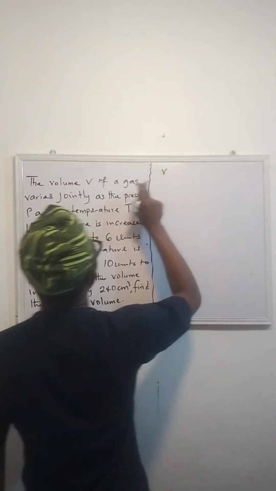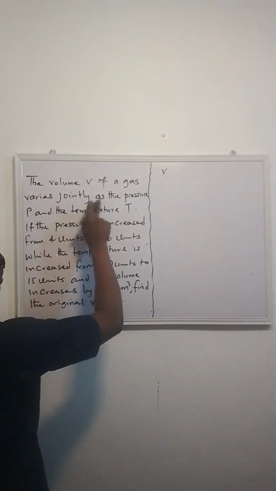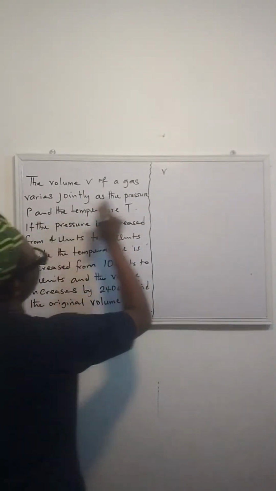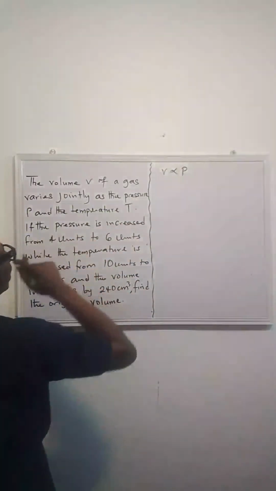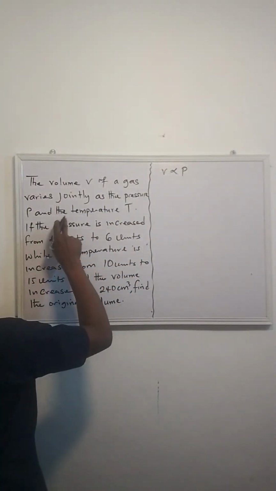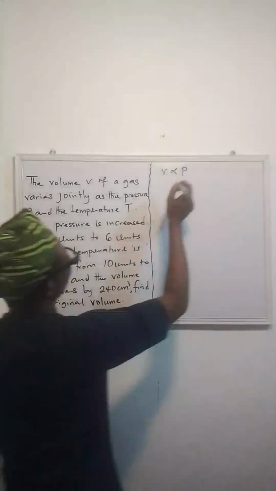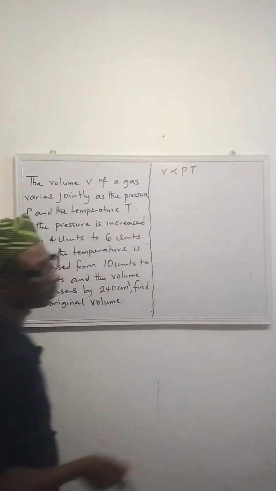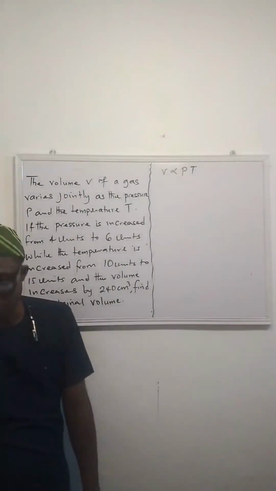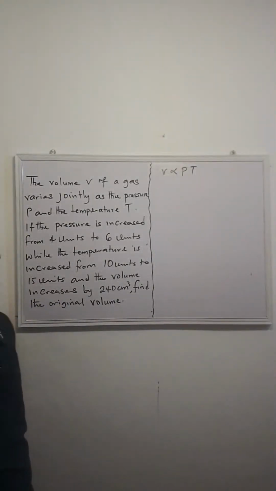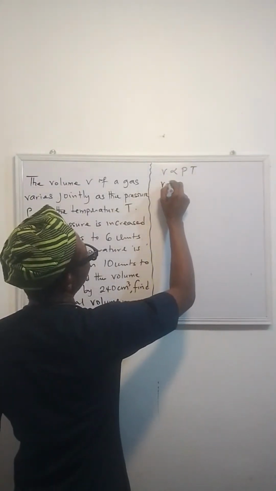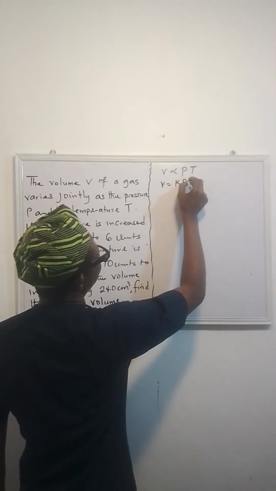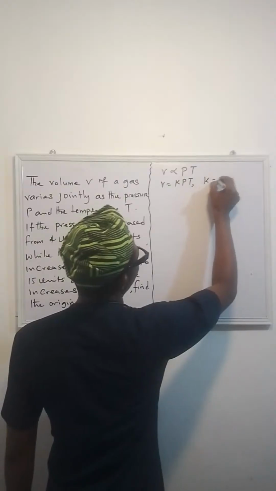Volume of a gas varies jointly as the pressure P and the temperature T. Can we see the variation now? That's the first thing to do. So this implies that V equals K P T, where K is a constant.